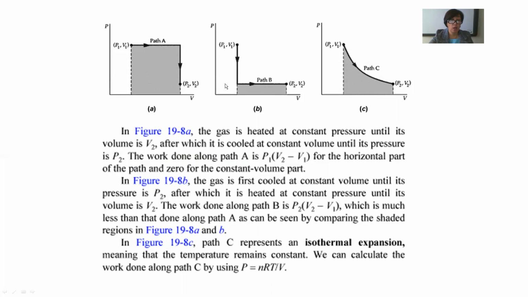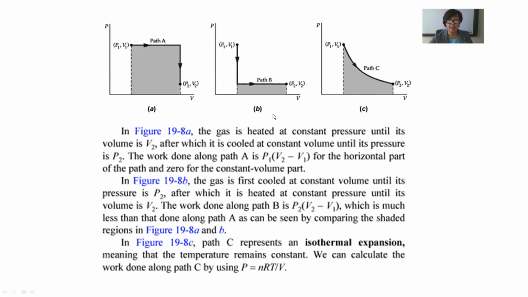The work done along path B is P2 multiplied by V2 minus V1, which is much less than the work done along path A, as can be seen by comparing the shaded regions. This is the comparison of A and B.